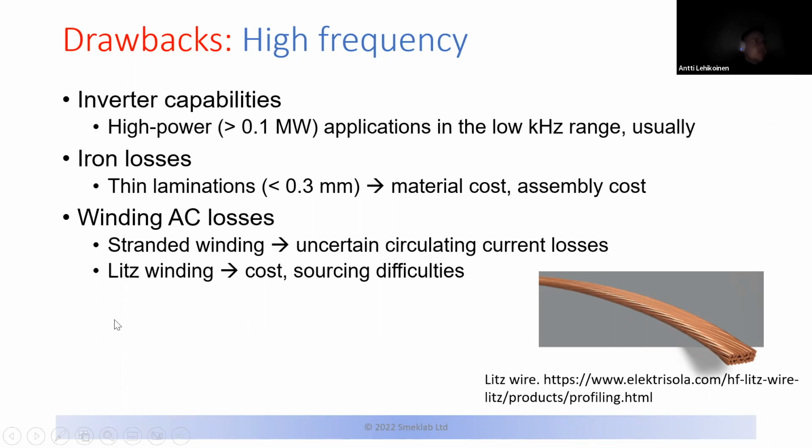But again, it's costly, it can be difficult to source, difficult to assemble, and so on. Or you can simply use stranded windings, so lots of thin wires connected in parallel. But in that case, you can and you will have some circulating current losses where you have an uneven distribution of the current between all those thin wires.